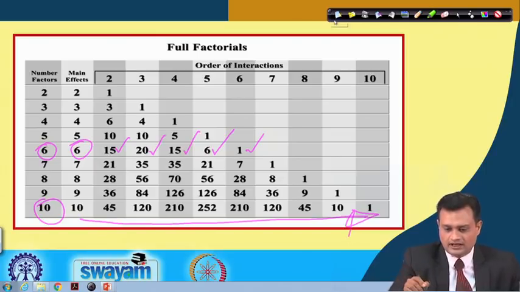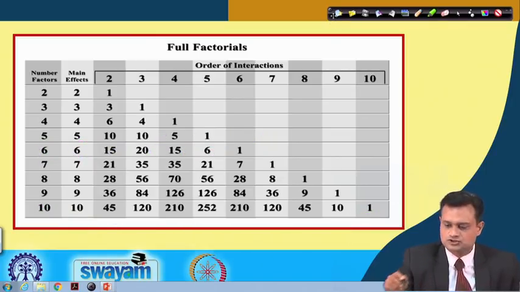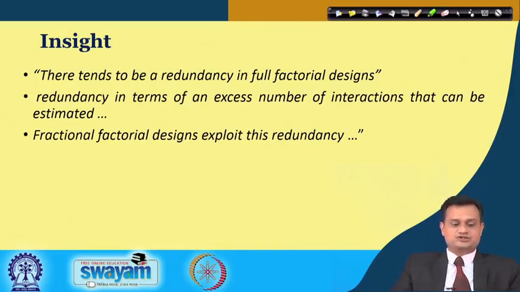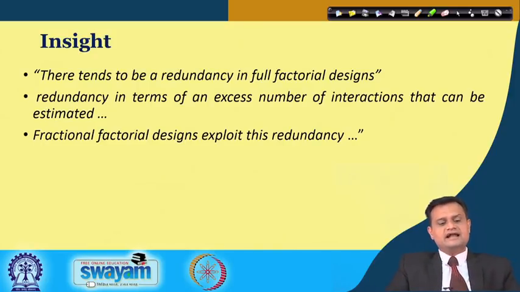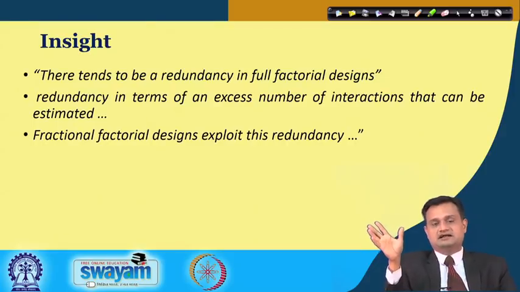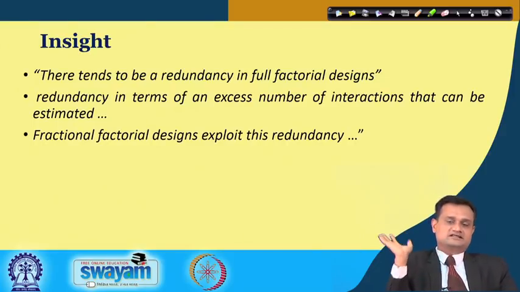So now I have to do something to get rid of too much experimentation, trials and runs, and focus only on the vital few which are really important to analyze. There tends to be a redundancy in the full factorial design. So the only solution is to figure out what this redundancy is.